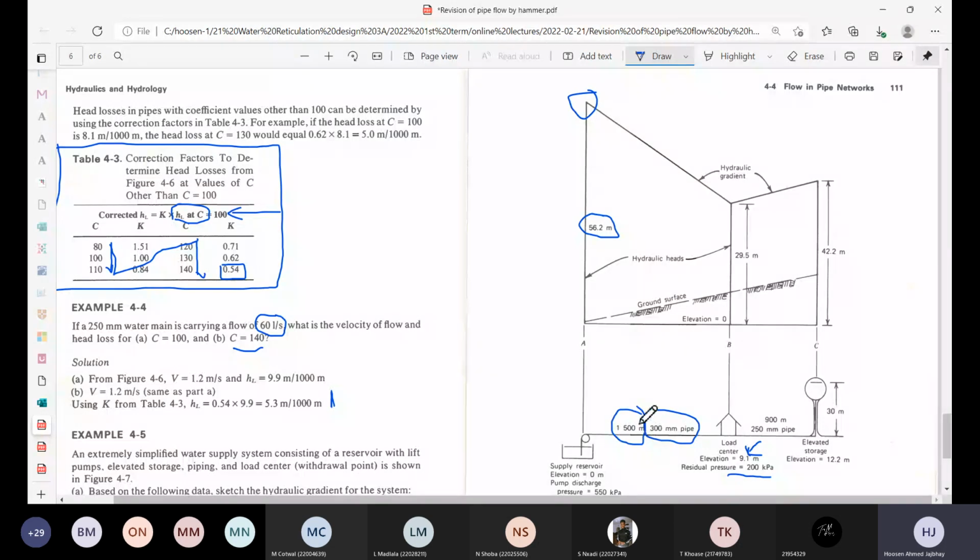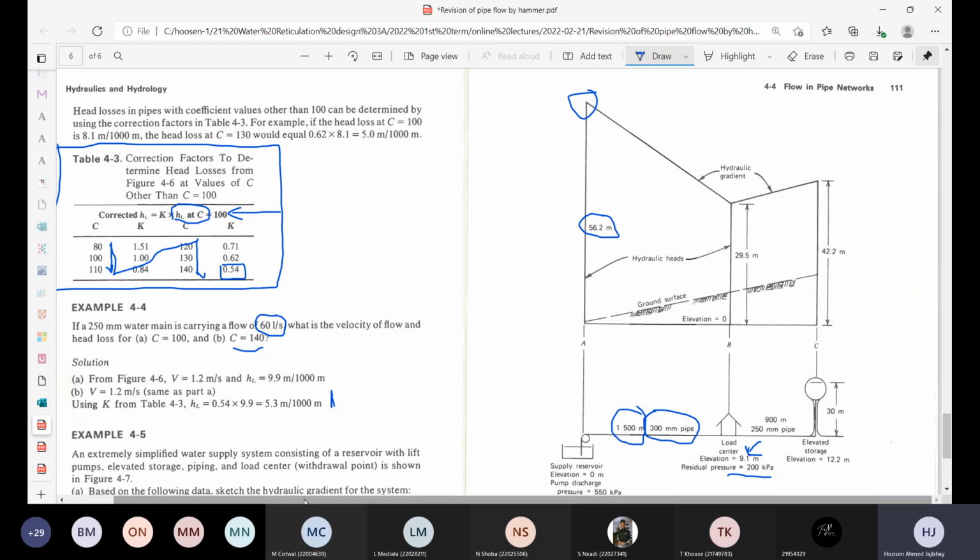The head loss in that pipeline is such that by the time the water reaches point B, the hydraulic pressure in the pipeline has reduced to 200 kPa.